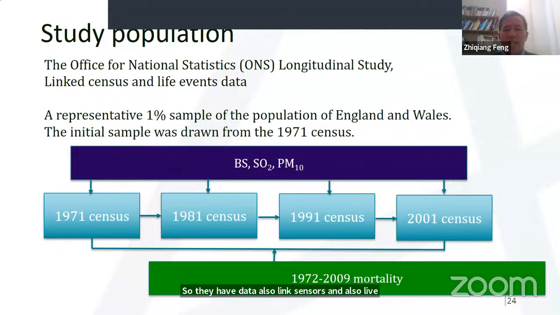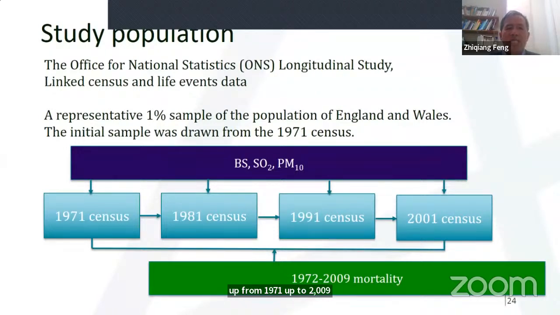In this case, they have three pollutants: black smoke, sulfur dioxide, and PM10. And this data obviously has a much longer follow-up, from 1971 up to 2009.